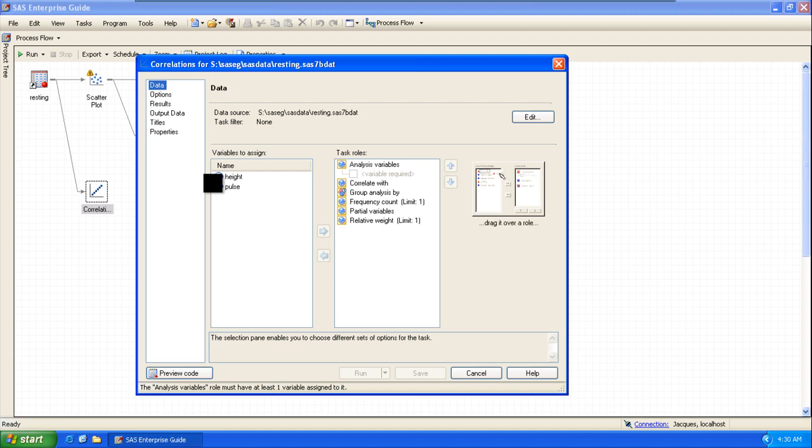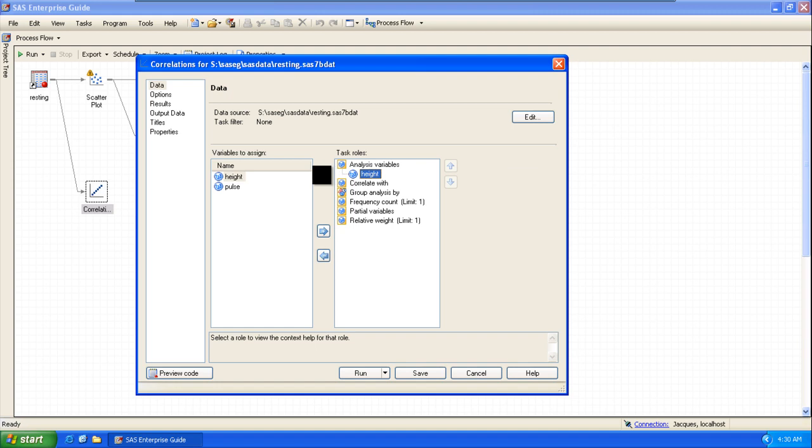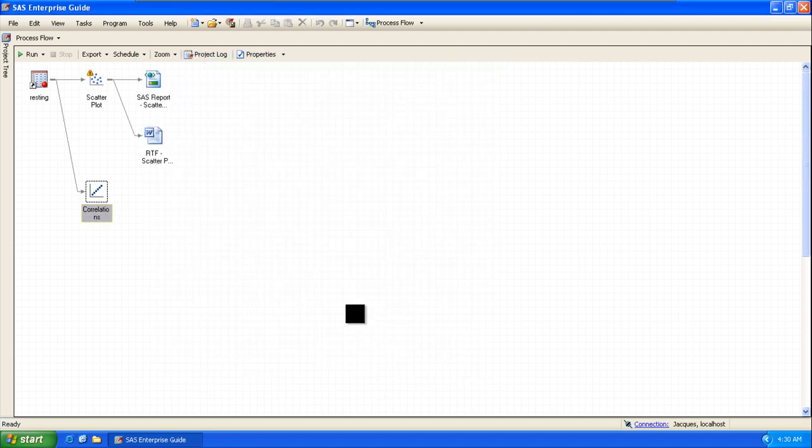We select both as analysis variables. So we found the correlation coefficient.